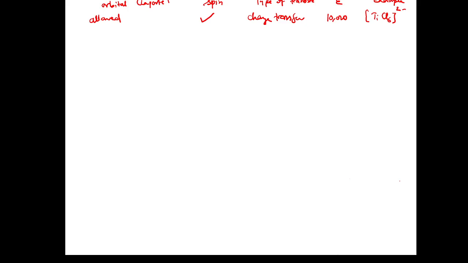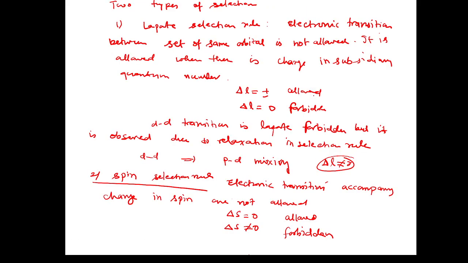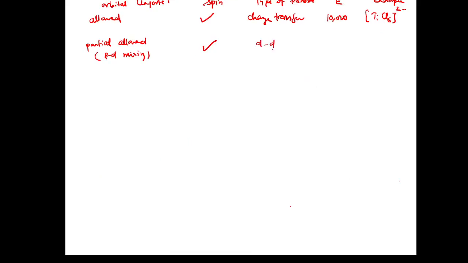Partially allowed: if Laporte is partially allowed, like there is some p-d mixing, that comes under the category of d-d transition, and it has epsilon close to 500. Example CoBr4 2-.